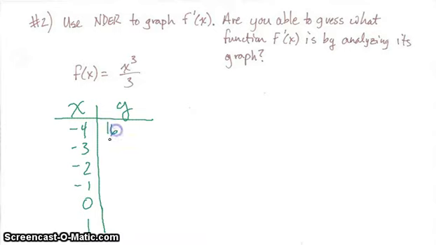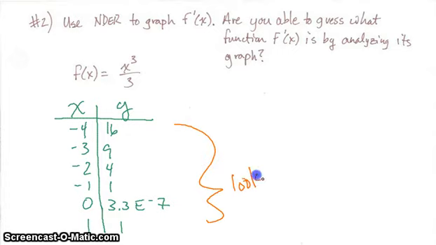by seeing 16, 9, 4, 1. I got 3.3e to the negative 7, then another 1. And then if we look at this, we should see that y prime is x squared.